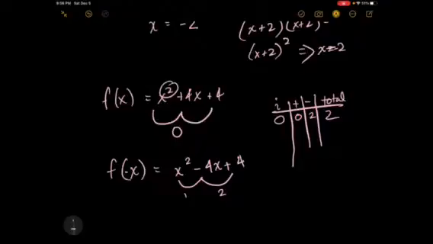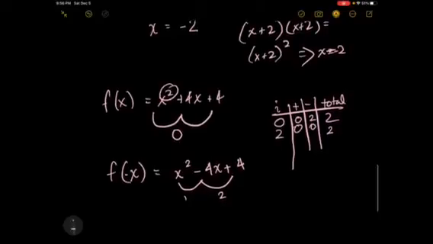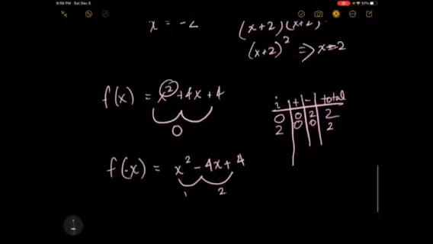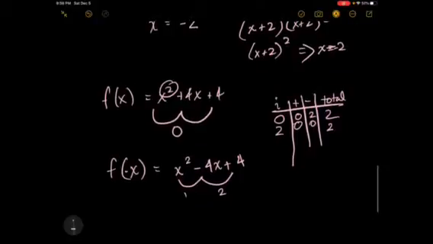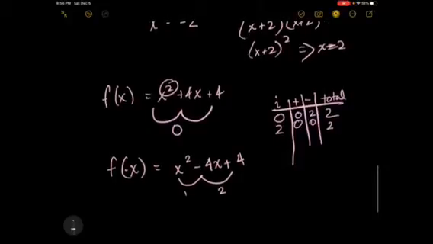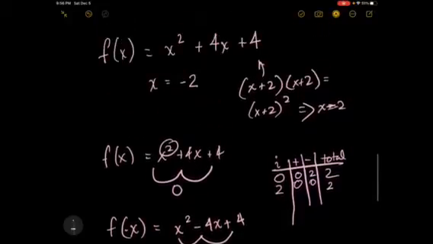Since the maximum number of positive roots is 0, no matter which way I approach it, I would have either 2 negative roots or 2 imaginary roots. If we used the equation here, we would have found out it's going to be 2 negative roots.